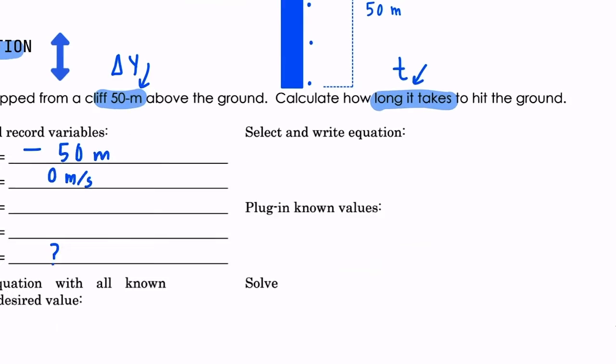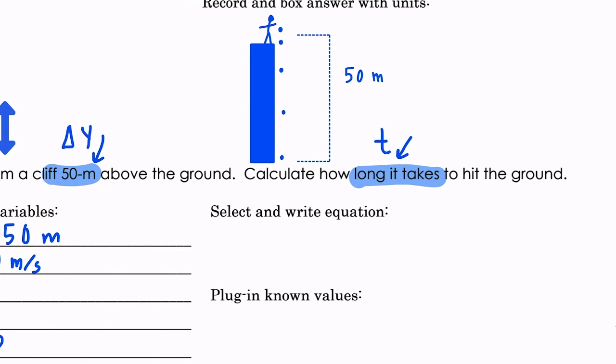I tried to draw it in the picture, but I'm going to point it out. So initially, the ball isn't moving so fast. It's starting from 0 meters per second, so stationary. You let go, then it's going to get faster and faster and faster until it hits the ground. When it hits the ground, that is when it's going the fastest.